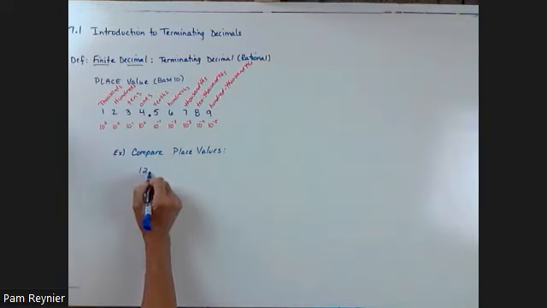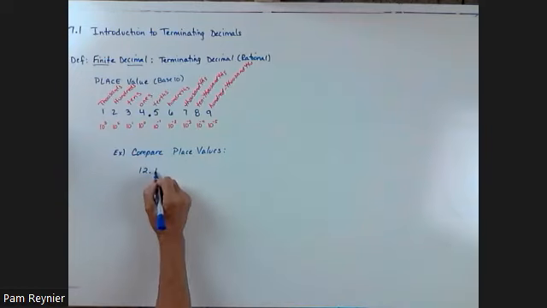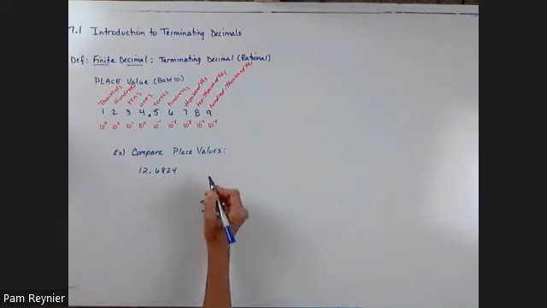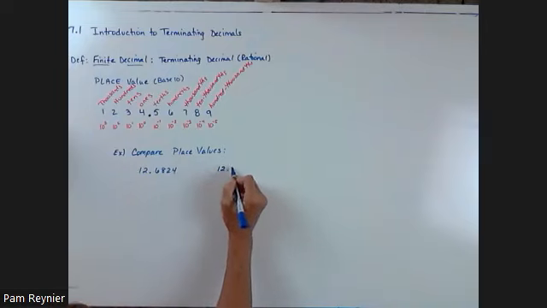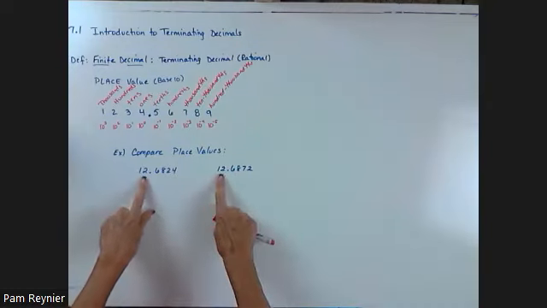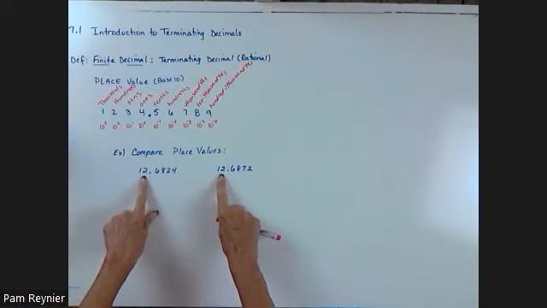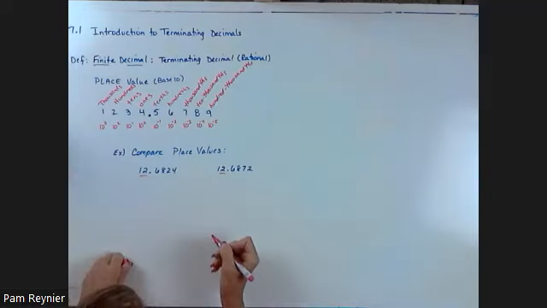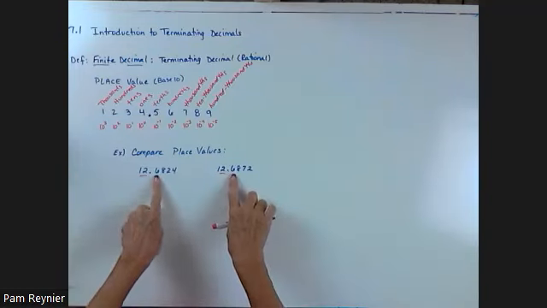So let's say I give you 12 and then I just go 6, 8, 2, 4. So 12 and 6,824 10,000ths. And then I also have 12 and 6,872 10,000ths. So they both have the same place value. They both go out to the 10,000ths column. So we can start comparing. Well, they both start with 12 whole parts. Then if we go to the next digit, 6/10 and 6/10.